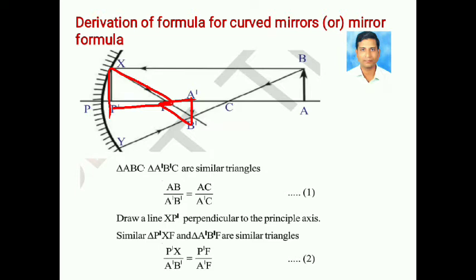Again, according to the properties of similar triangles, height by height is equal to base by base. So P dash X by A dash B dash is equal to P dash F by A dash F.